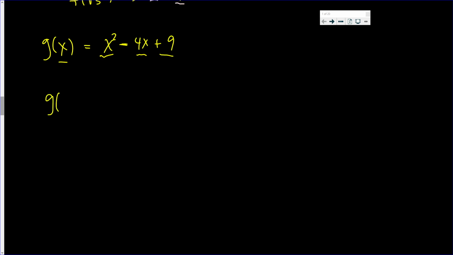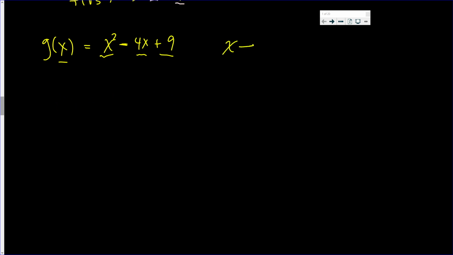So if somebody asked me what g of 7 is, I would compute 7 squared, compute 4 times 7, subtract that, and add 9. That's perfectly fine.